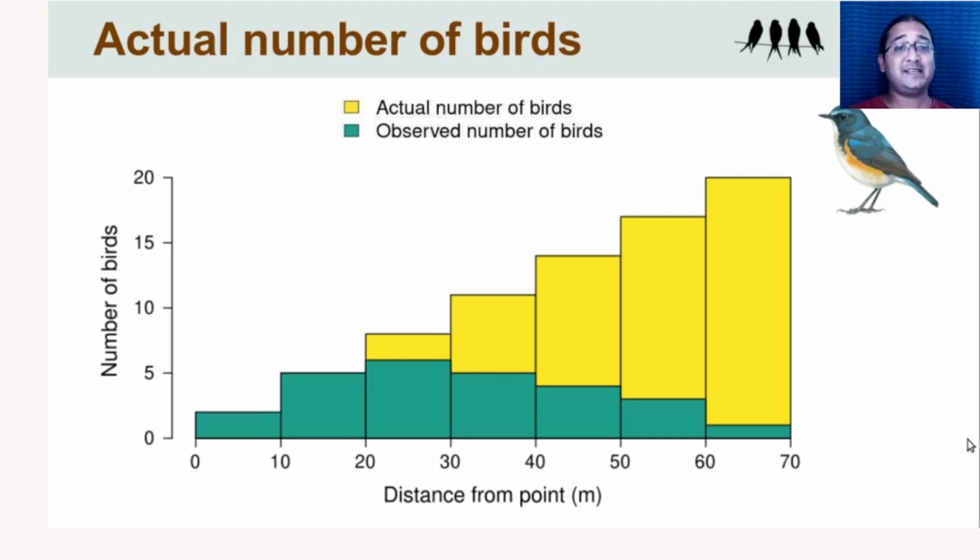As detection probability goes down further away from the point and the number of birds increases, you see this hump-shaped pattern where there is some distance from the point where the number of birds that you see is maximum. And even though there are more birds farther away from the point, because you're much, much less likely to detect them, the number of actually observed birds declines as you go further and further away from the point.